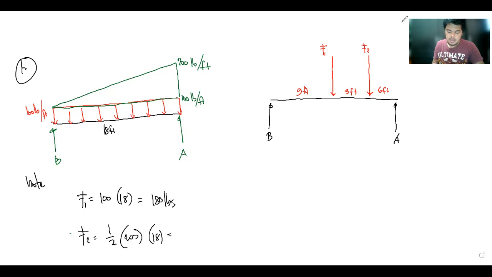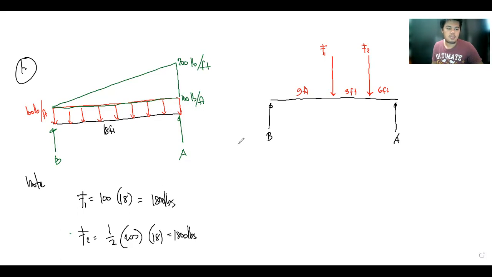So 0.5 times 200 times 18 is 1,800 pounds. By the way, F1 is also equal to 1,800 pounds.